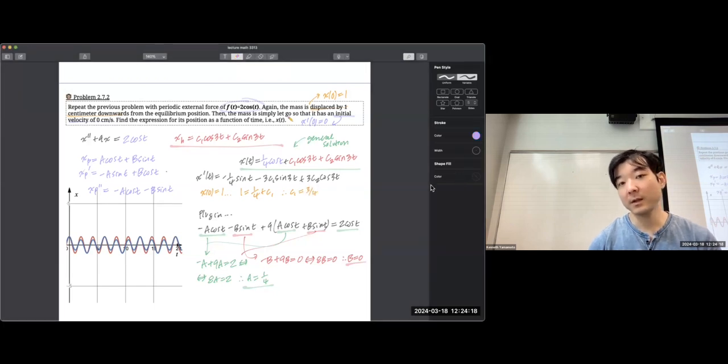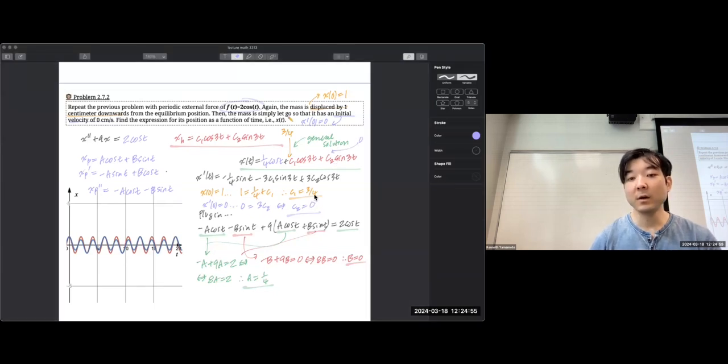And then you need to plug in your other condition, which is x prime of 0 is equal to 0. That's going to mean that 0 is equal to, plugging in 0 into all your x primes, 3c2. Of course, that just means that c2 is equal to 0. So we've got our c1 and c2. In this general solution here, this c1 is equal to 3 over 4, and this c2 is equal to 0.